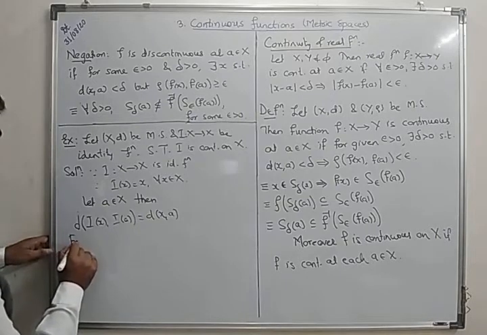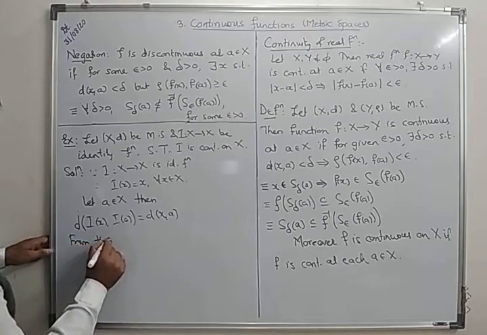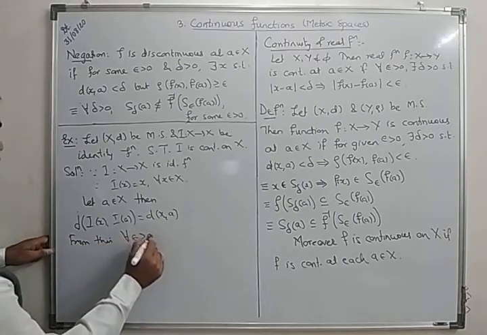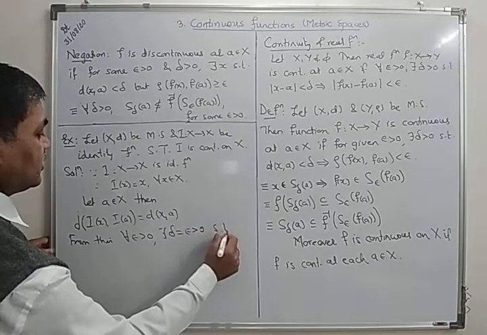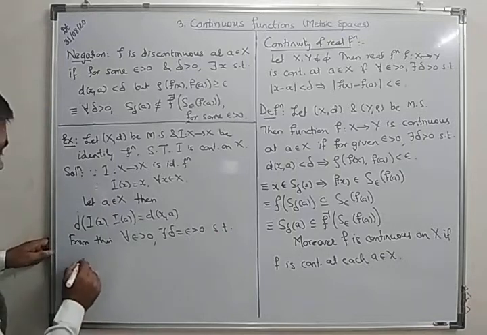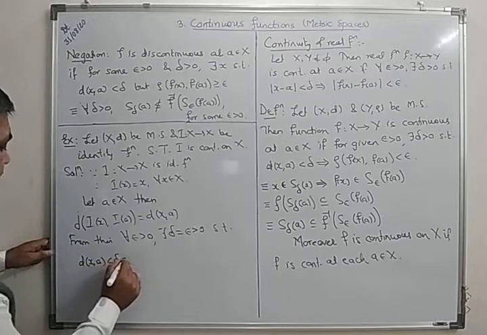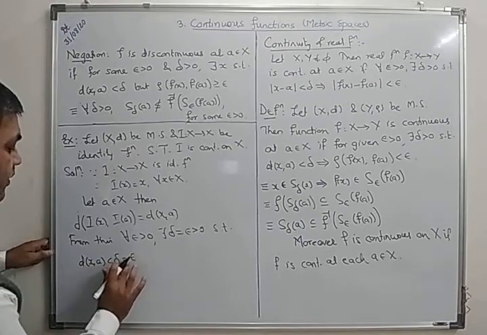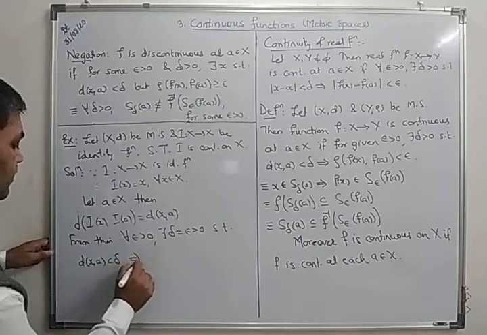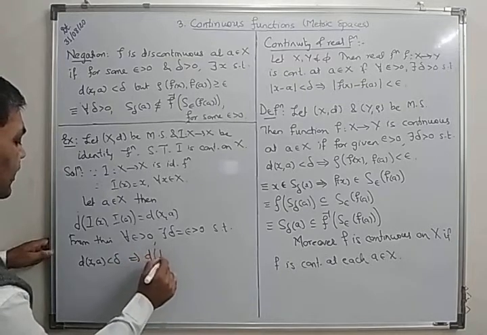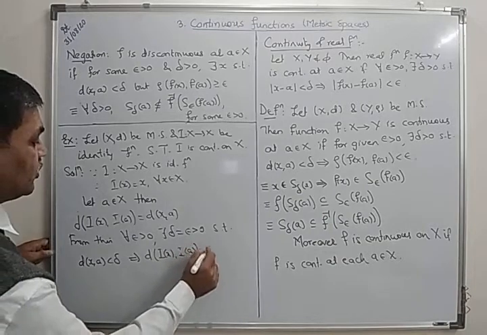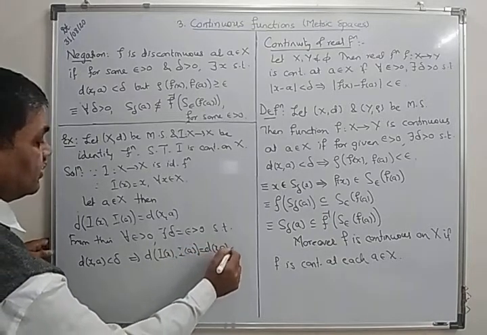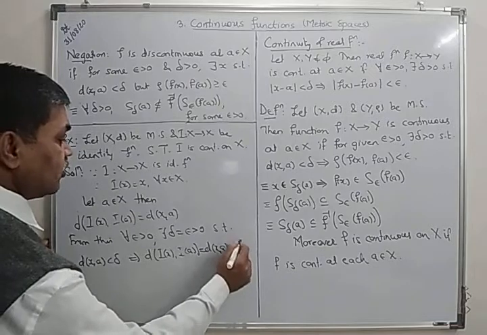From this, for given epsilon greater than 0, there exists delta equal to epsilon greater than 0 such that d of x, A less than delta equal to epsilon implies d of I x, I A, which is equal to d of x, A, is less than delta equal to epsilon.